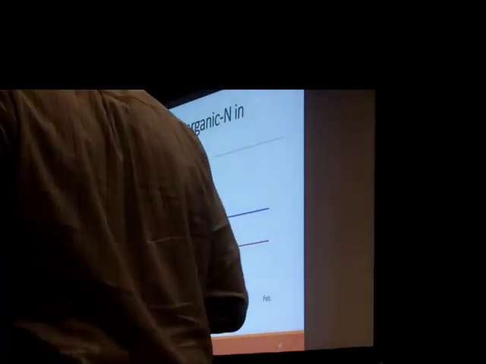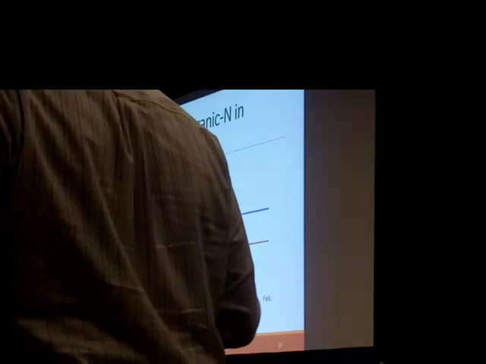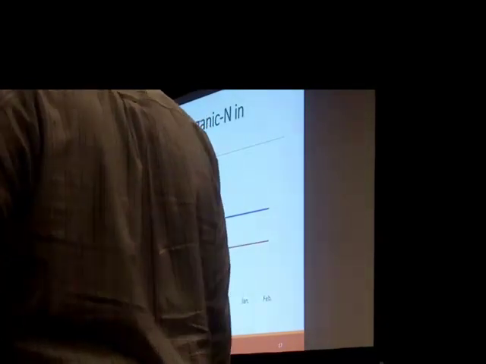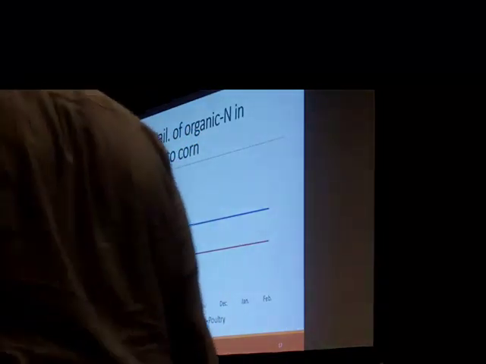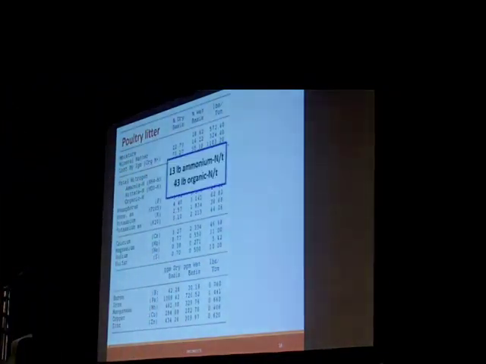Organic N availability doesn't change a whole lot with the season or the application month. So it's typically pretty small, 60% or so for poultry, and half that for non-poultry organic N. So here's our poultry litter sample with about a third of the nitrogen in the ammonium form.